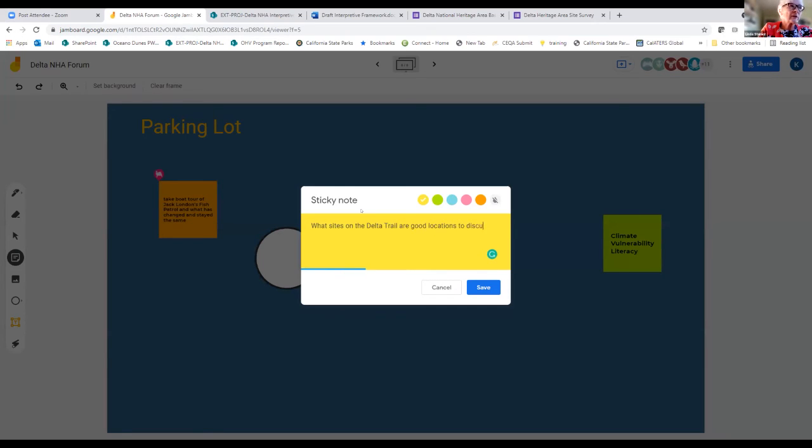And so, maybe that will help sort out that difference between the trail, where people might just go to recreate, just to have fun, or just for exercise or whatever, and the places people are going to go on the trail because there's some kind of cultural experience, heritage experience to be had there. And those places need to relate to the themes.